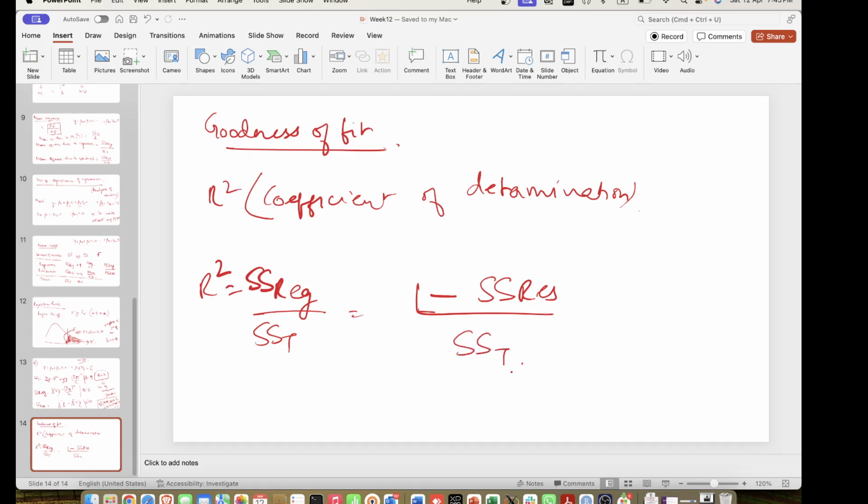This is called the coefficient of determination, and it assesses how good the fit is.